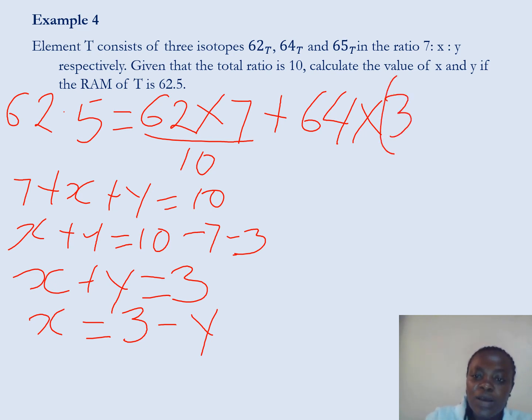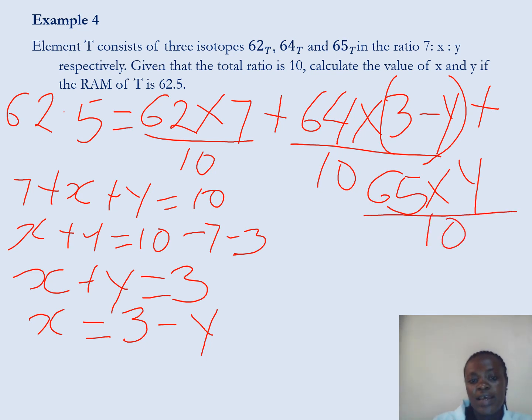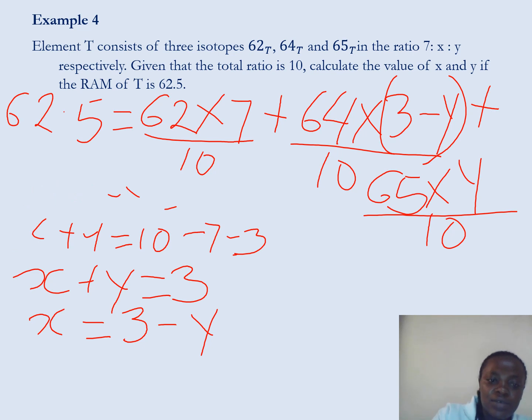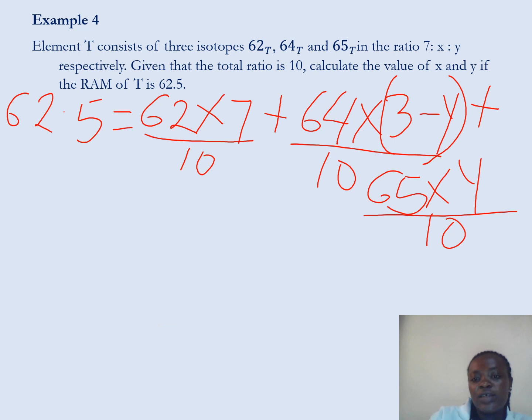So the ratio of the isotope with mass number 64 is x, which is 3 minus y. Here we multiply 64 by (3 minus y), then divide by the total ratio, 10, plus the third isotope, with mass number 65, multiplied by its ratio y, divided by the total ratio, 10.